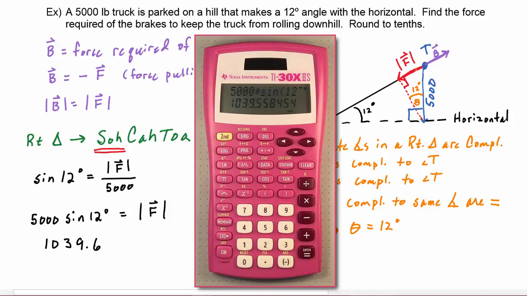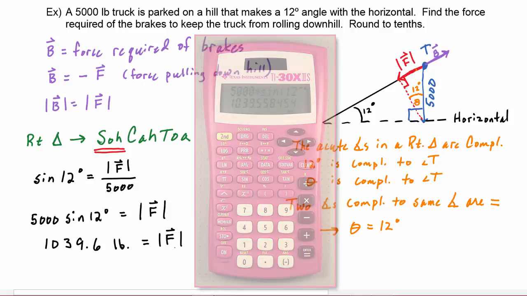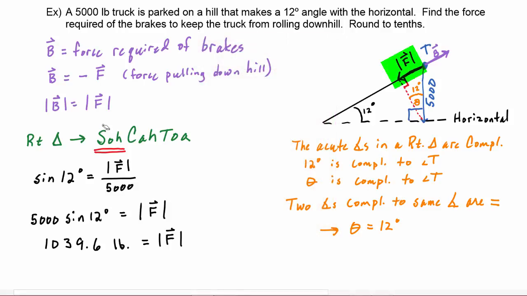The units will be pounds, and that is the magnitude of vector F. So that is the magnitude of the force pulling the truck downhill, which means that vector B, the brakes, have to apply that equal and opposite force uphill to keep the truck from rolling down the hill.